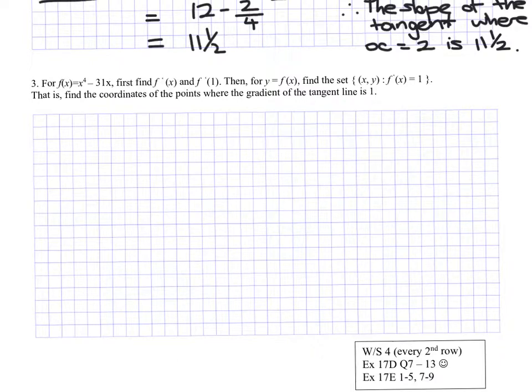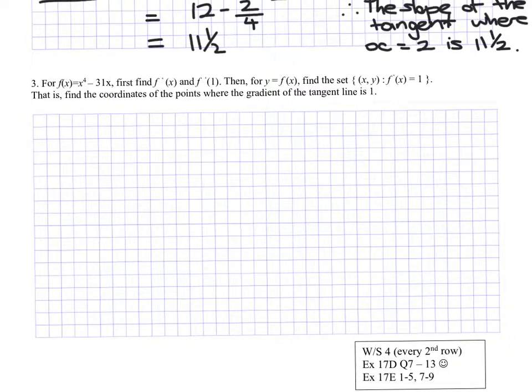What does that mean? That means to find the coordinates of the point where the gradient of the tangent is equal to 1. F dash of 1 means we're finding the slope at the point 1. But in this case, it wants you to also find the coordinates where the slope equals 1.